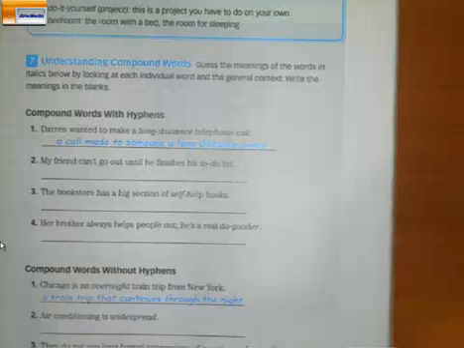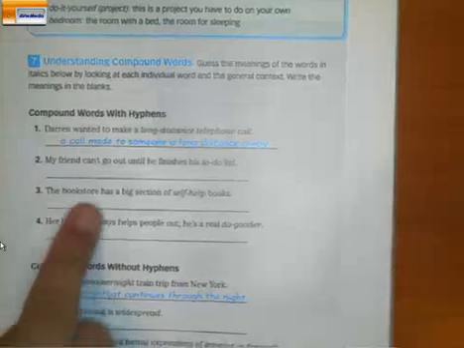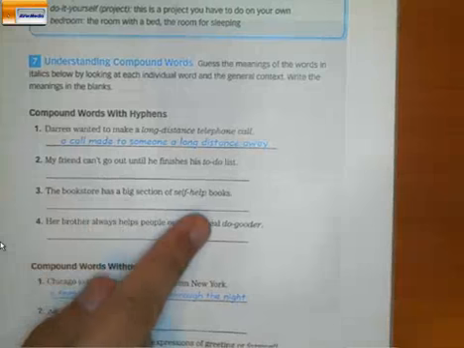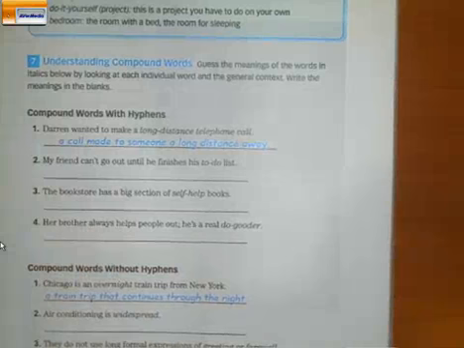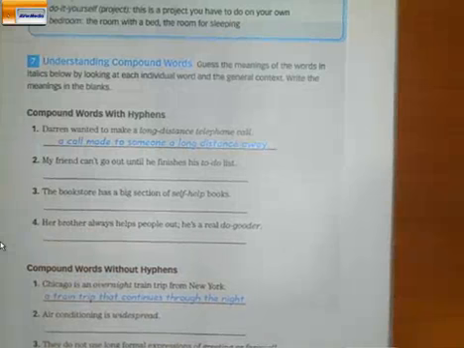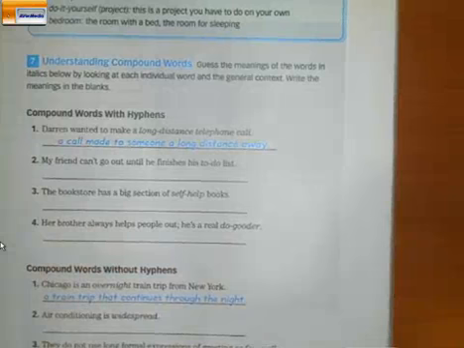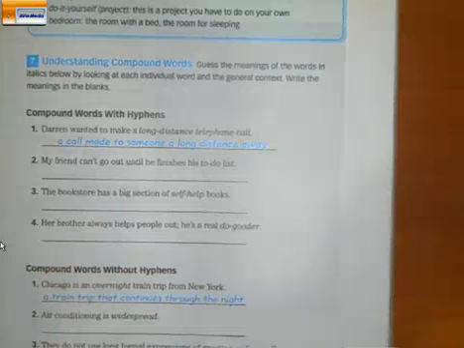The bookstore has a big section of self-help books. Self-help books. There are some books that you can read by yourself and you find the answer. You do not need someone to help you. You can help yourself by yourself. These are called self-help books.